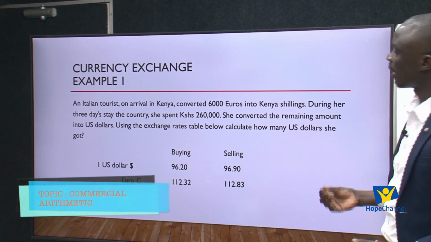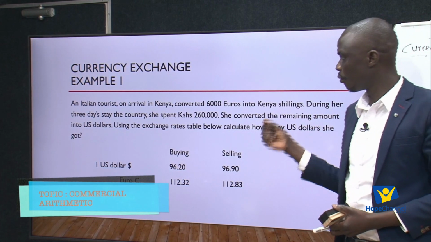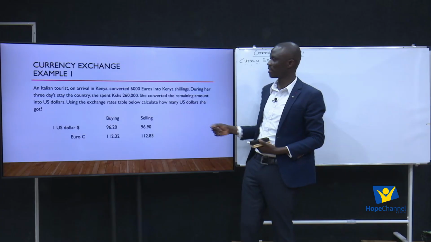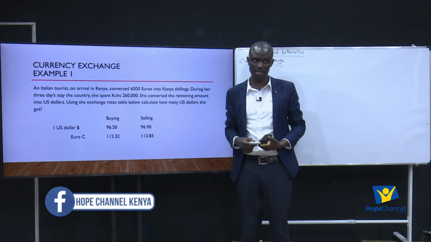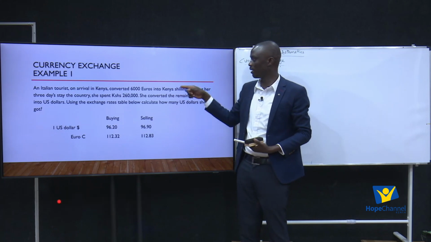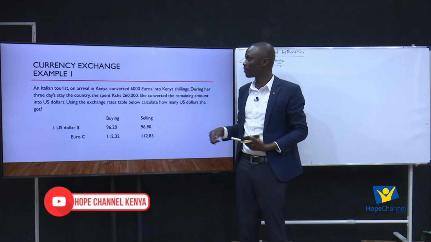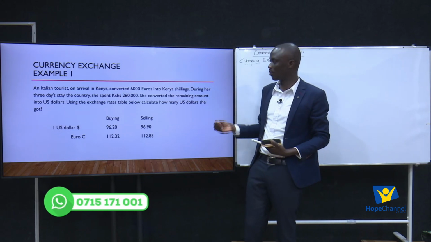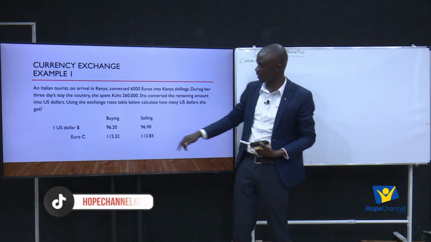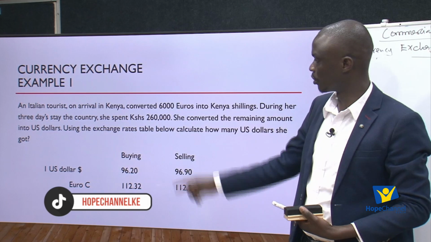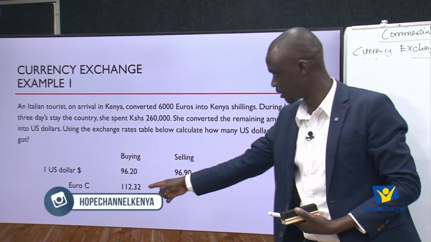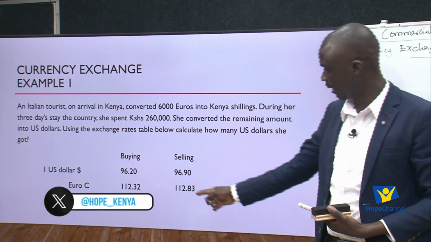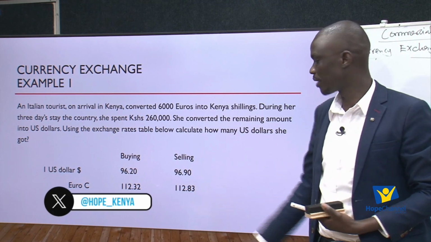So as you can see, in this scenario, we have a tourist arriving in Kenya, and this tourist has euros, that is 6,000 euros. And he goes to the bank with these 6,000 euros. So how did the bank do? You can see we have the euro and also the dollars. The euro is buying at 112.32 and the euro is selling at 112.83.